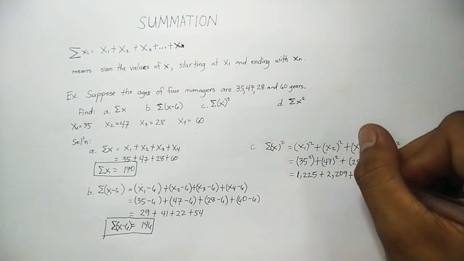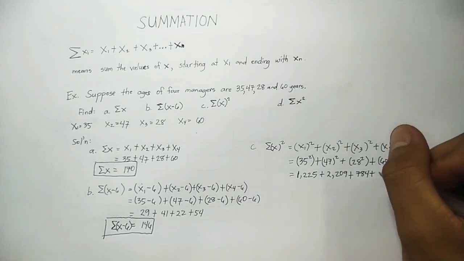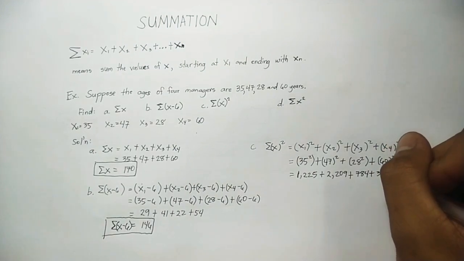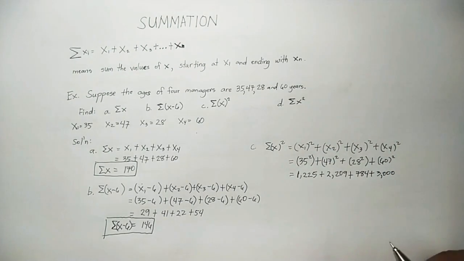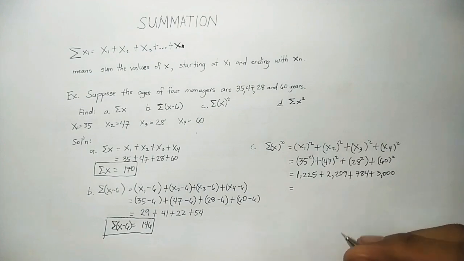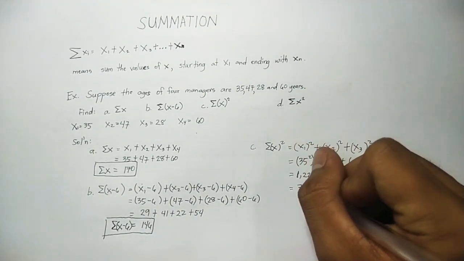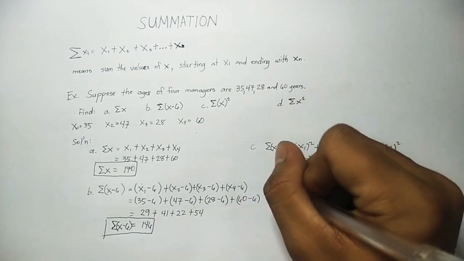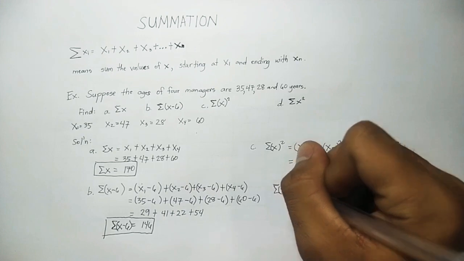It is 784. And then 60 squared is 3,600. So, since na-complete na natin, so we have the summation or the total. Pag pinag-add natin lahat to, the answer is 7,818. Okay, this is the summation of x squared.